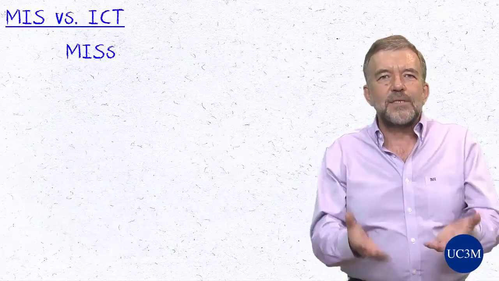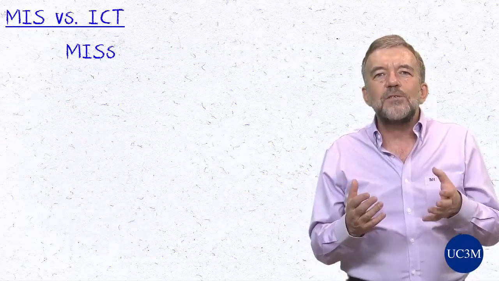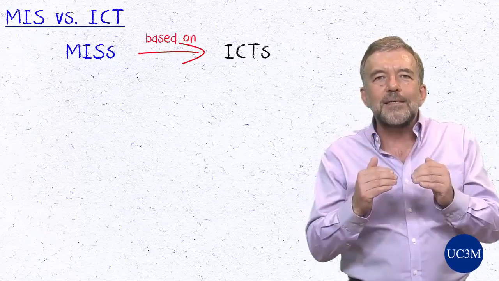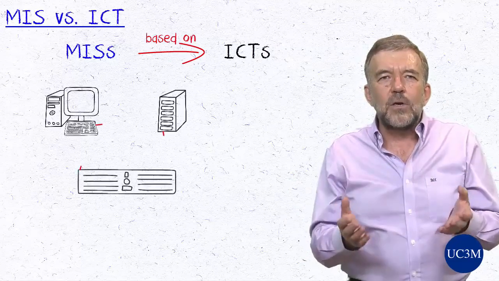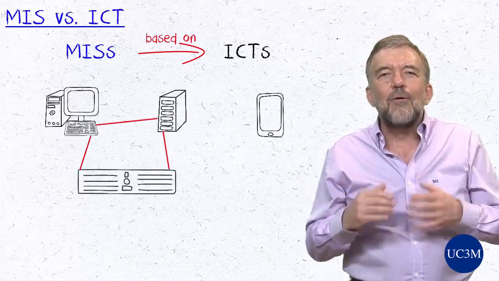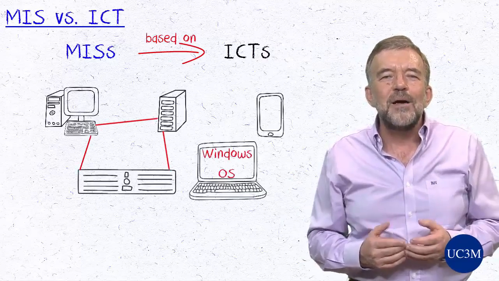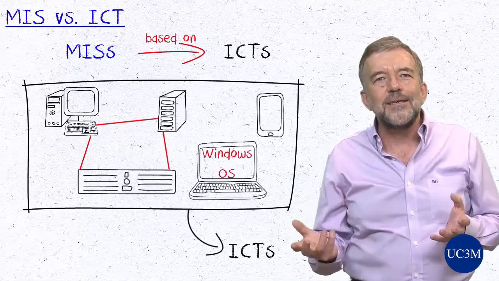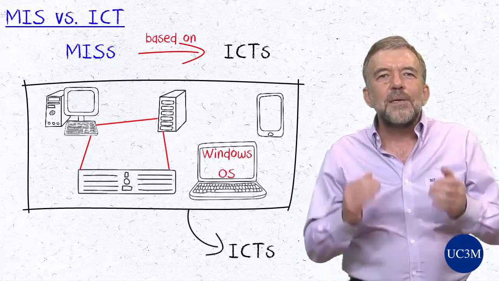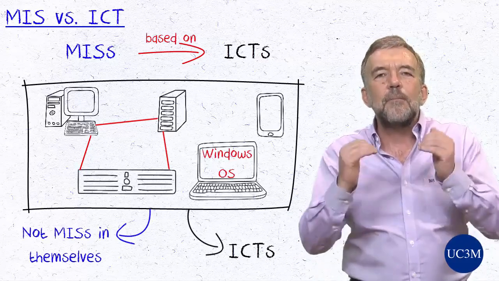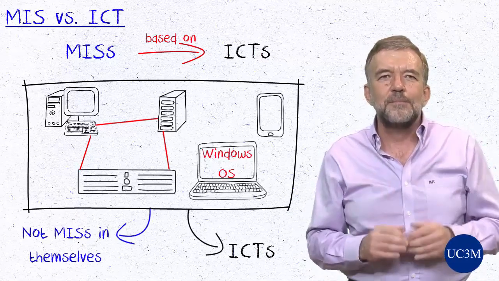We can see from these examples that management information systems are based on ICTs, but they are not merely technology. A computer network, a smartphone, or our laptop's Windows operating system are examples of ICTs and can indeed be used by management information systems, but they are not in themselves management information systems.